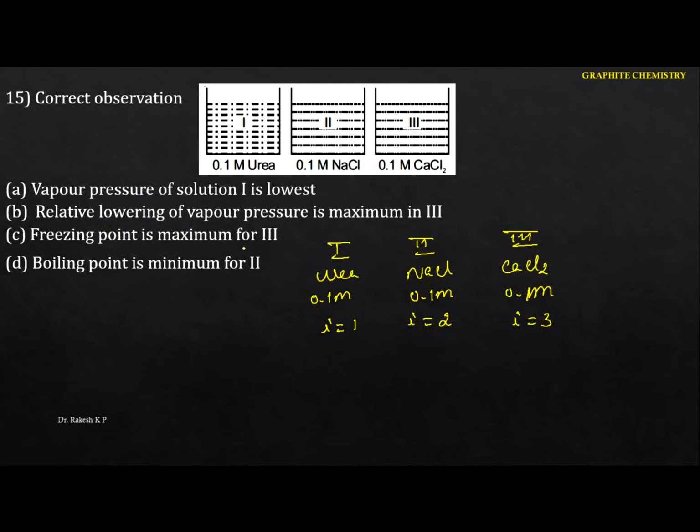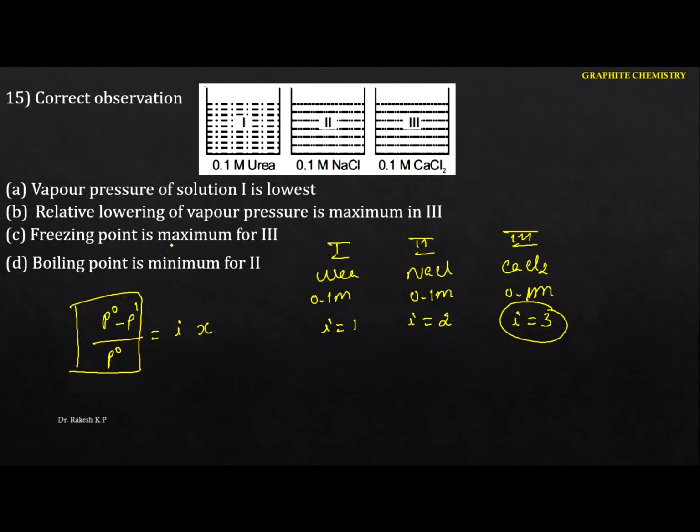As you increase the number of particles, the relative lowering of vapor pressure is maximum, which is equal to i into x. That means as you increase i, this value also increases.